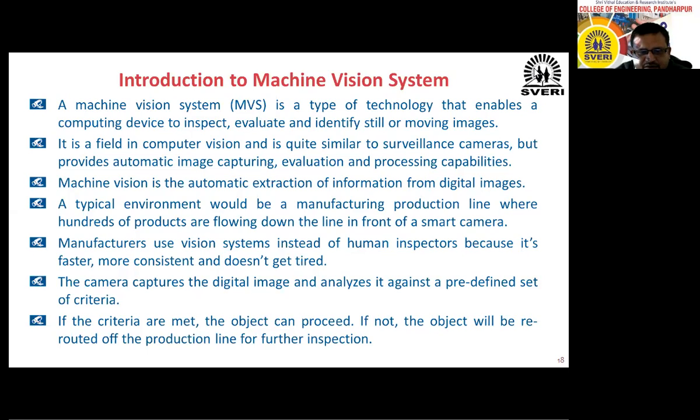The camera captures the digital image and analyzes it against a predefined set of criteria. If the criteria are met, the object can proceed. If not, the object will be rerouted off the production line for further inspection.